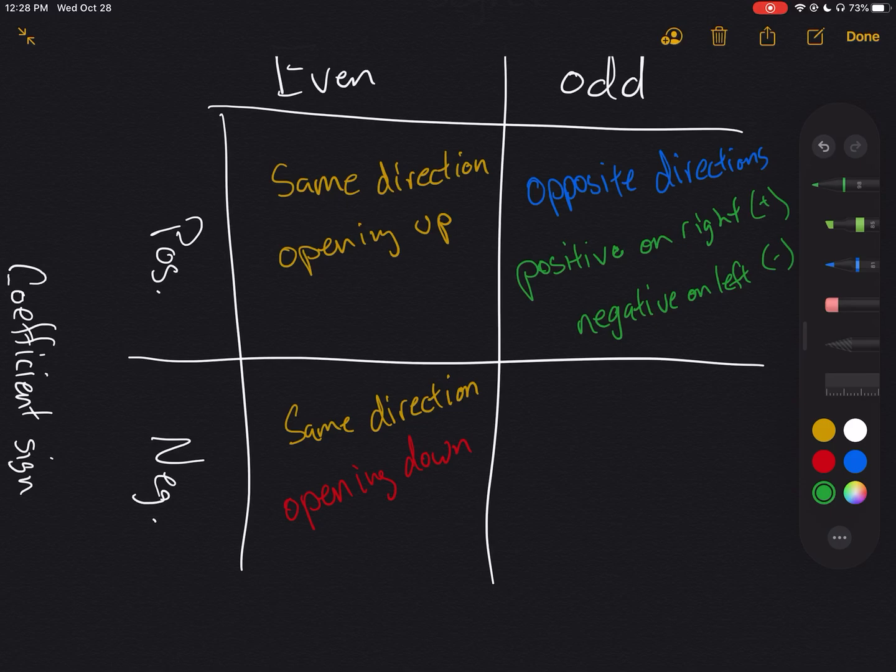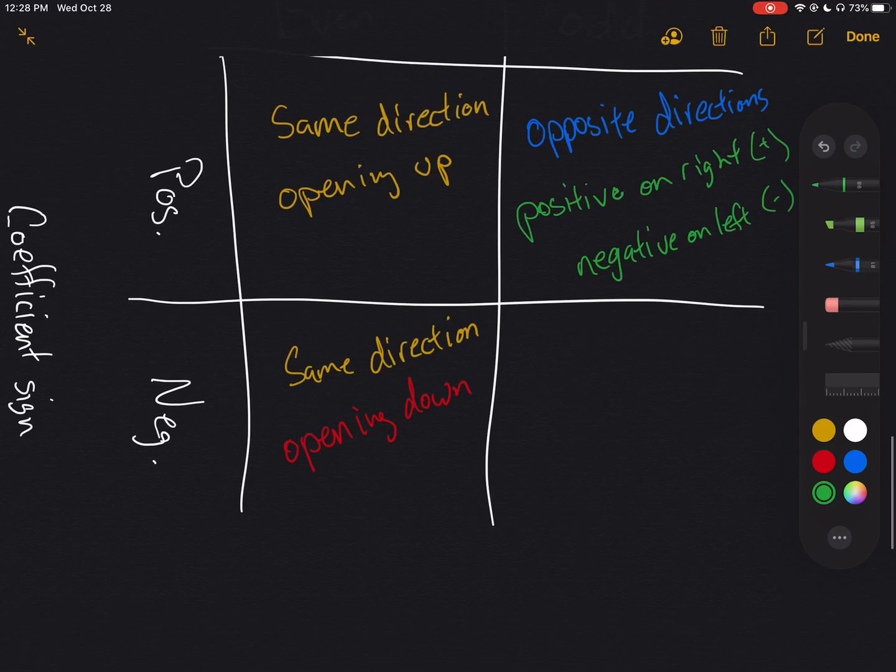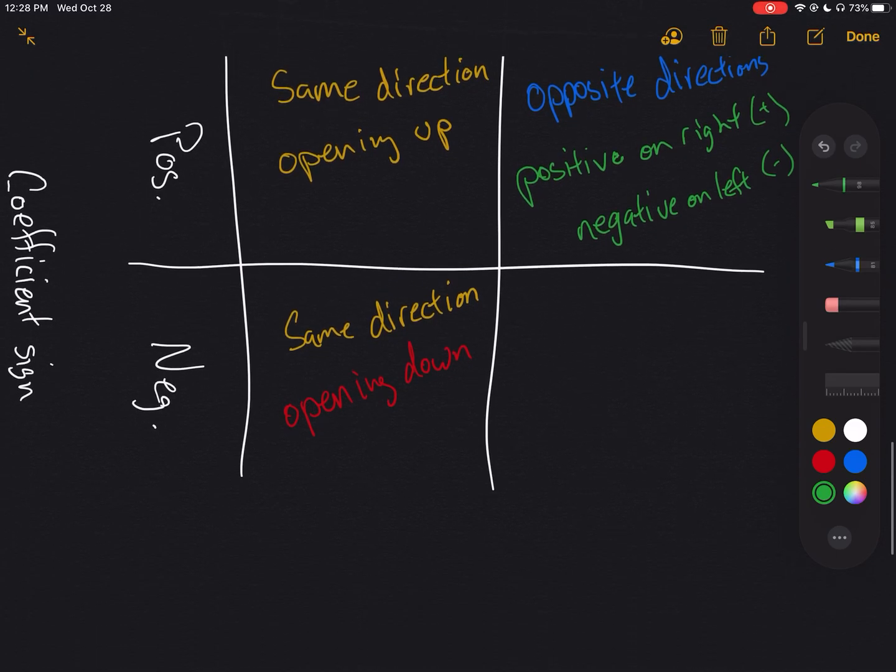Finally, if it's odd and negative, then that flips. Still opposite direction. But instead, it's going to be positive on the left, which is the negative side, and negative on the right. Positive on the negative side, and negative on the positive side.